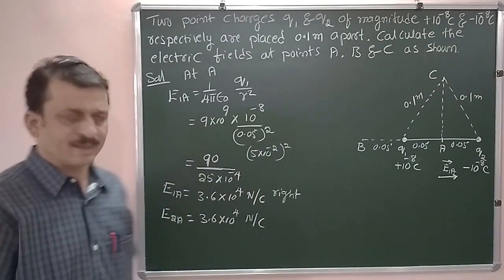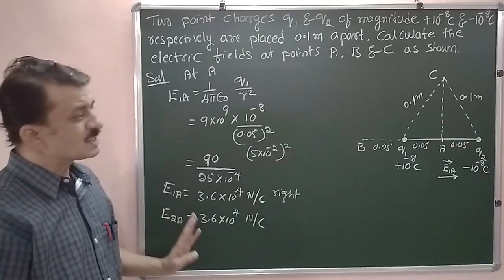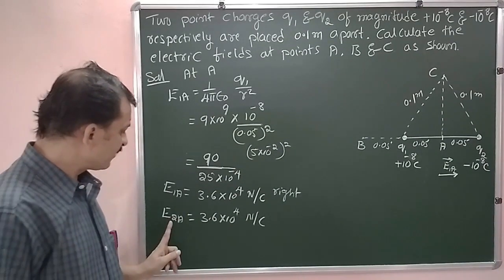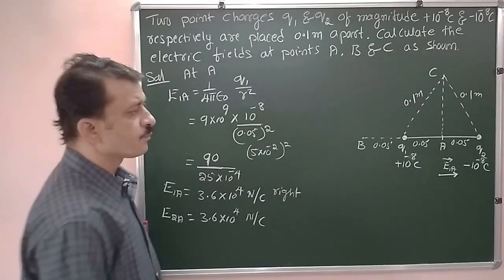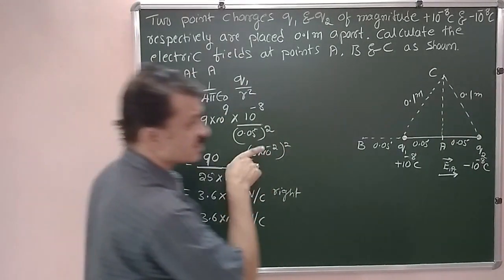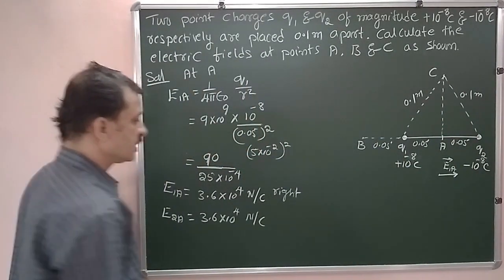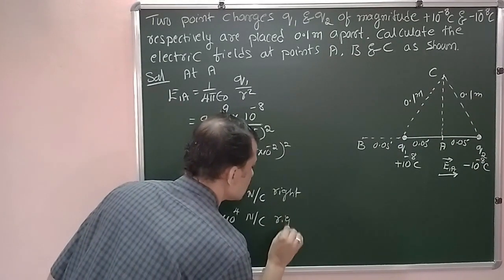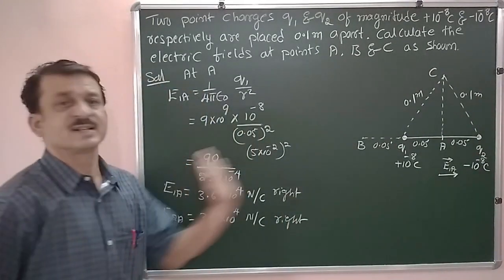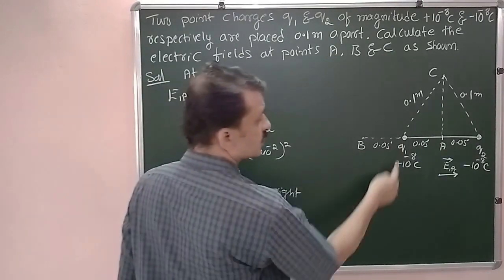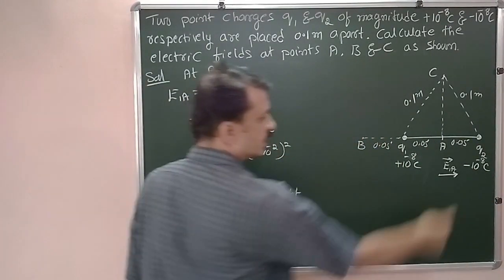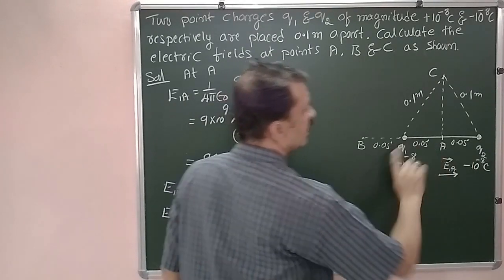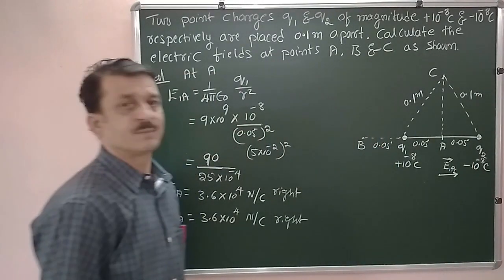Now what is the direction? This electric field E2A is due to the negative charge, so it is towards the negative charge, along the same direction, the right side. Due to the positive charge at A, the electric field is towards the right. Due to the negative charge at A, the electric field is towards the same right side.